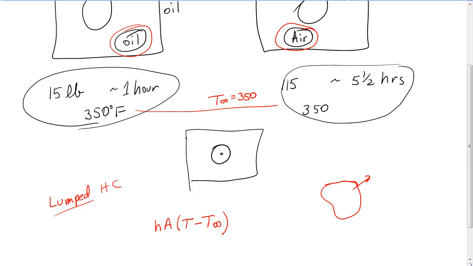Now the assumption is going to be made that the outer skin of the turkey is an average, and that the heat transfer coefficient is going to be the average around the entire turkey.